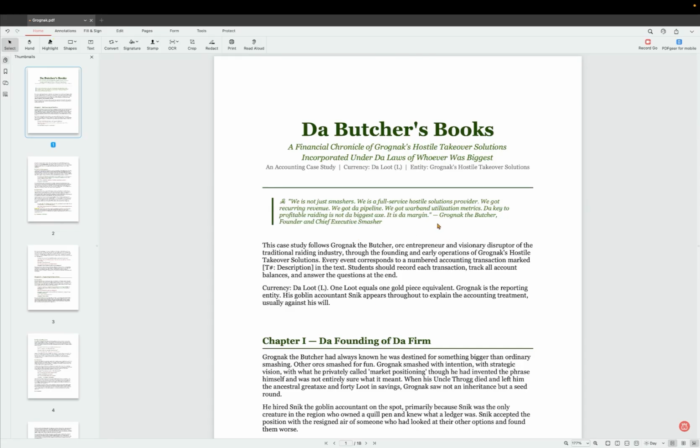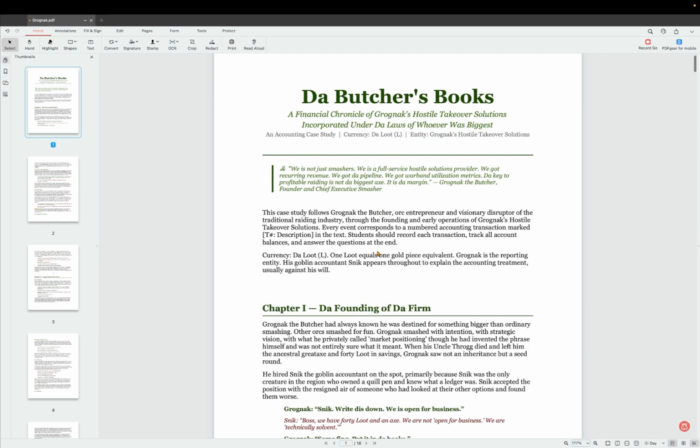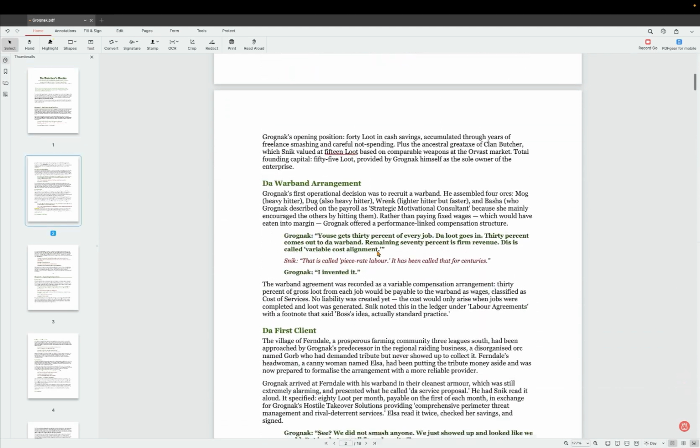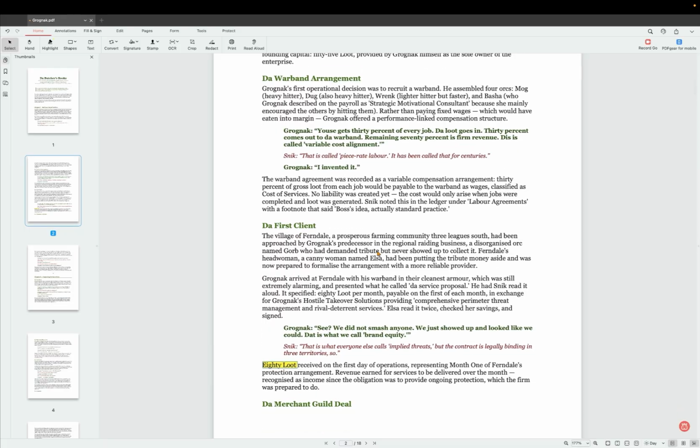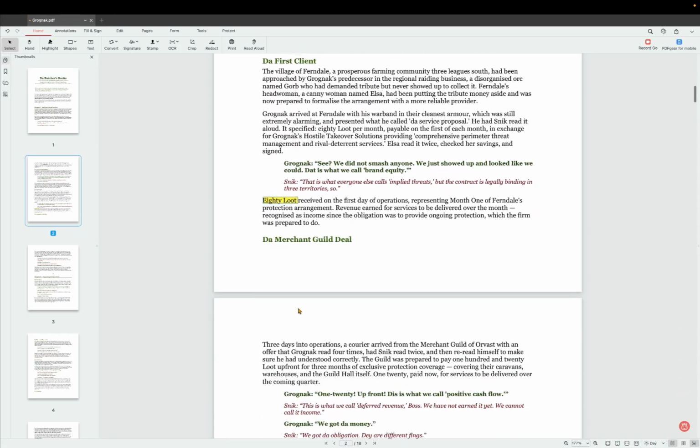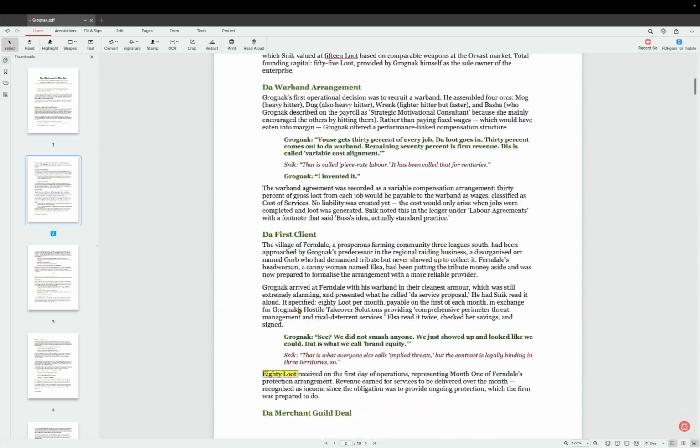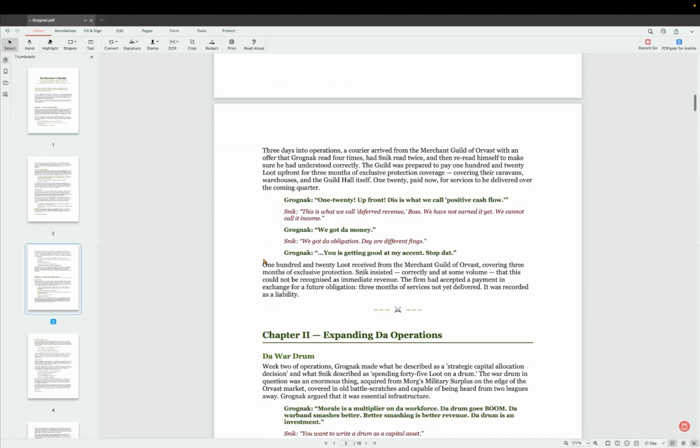So now I will identify the third transaction before creating the journal entry again. In this transaction, the merchant guild pays 120 loot to the merchant guild of Orvest, covering 3 months of exclusive protection.